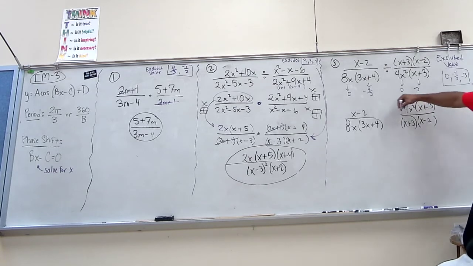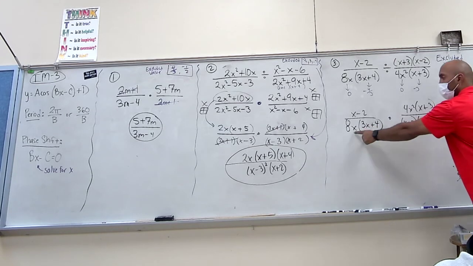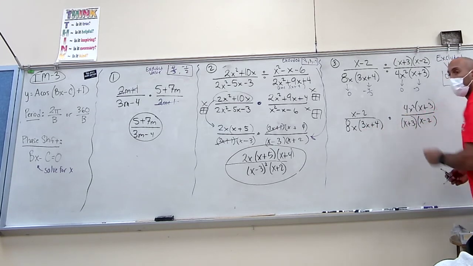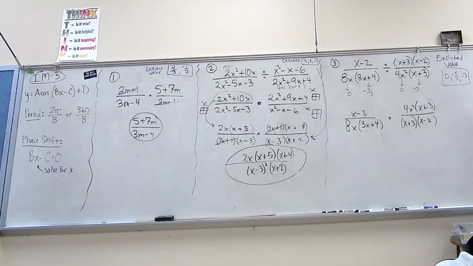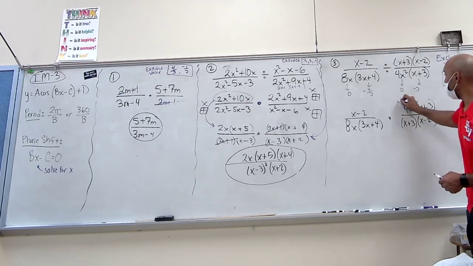So now, what's the sign here? Multiplication. Now here's the deal. The difference between those ones over there and this one is that I've got these single numbers or single terms on the outside. I need to see if I can factor those. So going back to what we did on the first day, what numbers multiply to give you 4? 2 times 2.